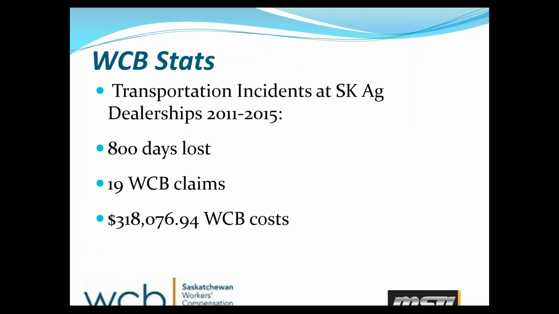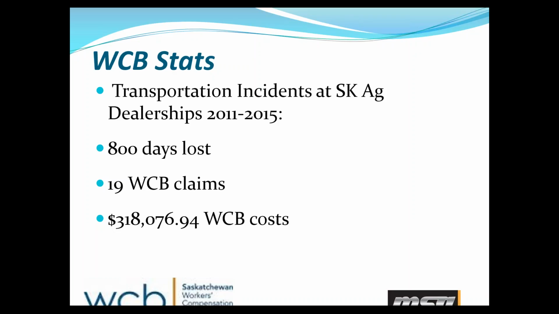And when we looked at the information further to Matt's letter, we reviewed the Workers' Compensation Board stats for Saskatchewan and looking at transportation incidents specifically for Saskatchewan agricultural dealerships from 2011 through 2015, there were 800 days lost due to transportation incidents, and all of these derived from 19 WCB claims, which tallied just over $318,000 in costs from the Workers' Compensation Board.